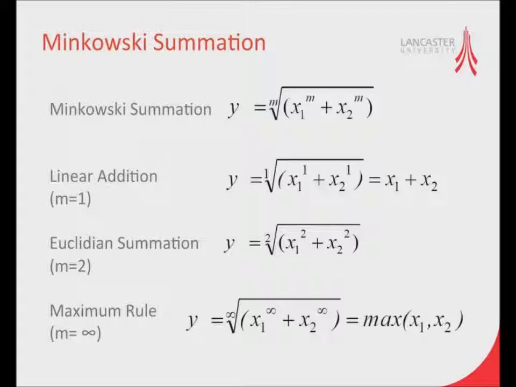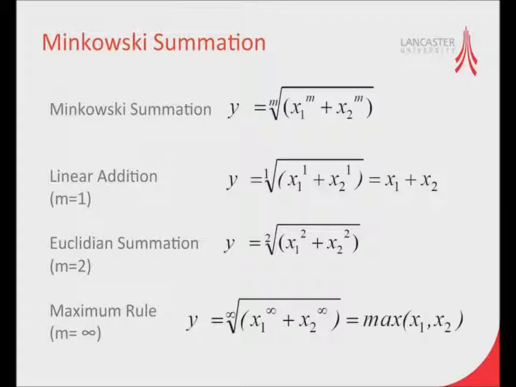If I replace m by 2, then I end up with Euclidean summation, which is clear here. And if I replace m by infinity, then I end up with the maximum rule. I'm not going to prove this mathematically, so you have to just believe me. Okay? So we're all very familiar with the Minkowski summation, even though we don't necessarily know the name.